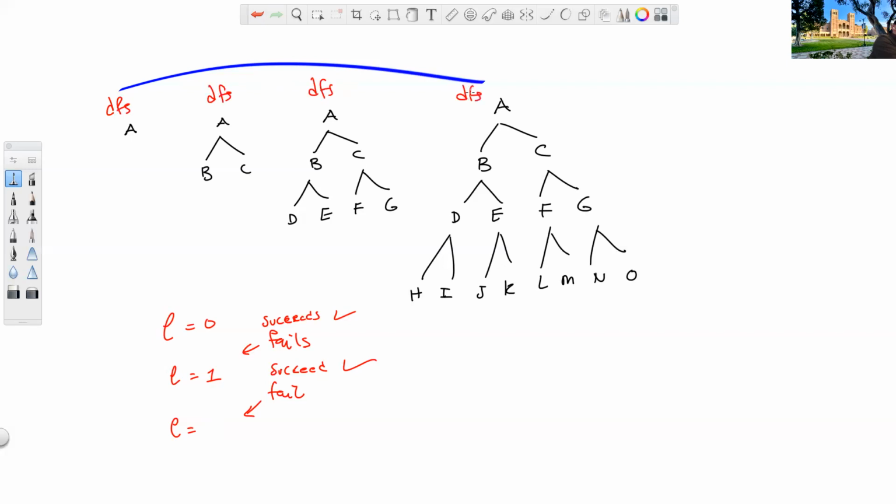Each of them takes linear space, but because I'm examining them with these increasing levels of cutoff, I'm getting the behavior and properties of breadth first as far as completeness and optimality. So this algorithm will end up being complete, optimal, and having linear space complexity. And of course, we can't escape the exponential complexity in general.